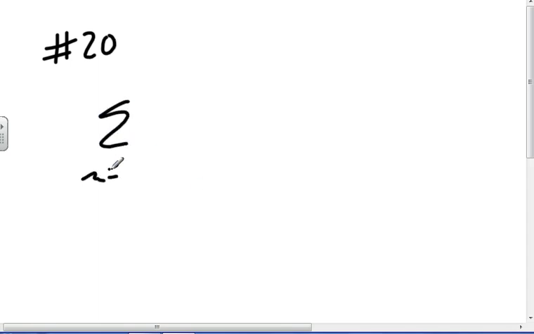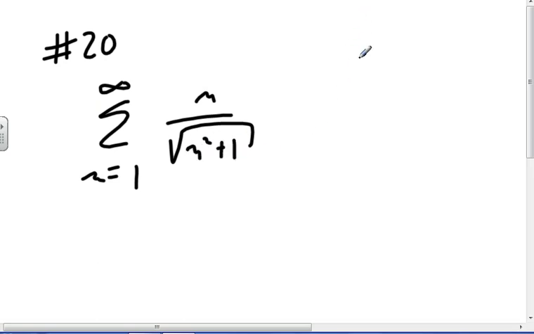Summation n equals 1 to infinity of n over the square root of n squared plus 1. All right, so we're going to vote again. Converge, diverge, and Joel, you get to go first this time. I'm going to go with converge.